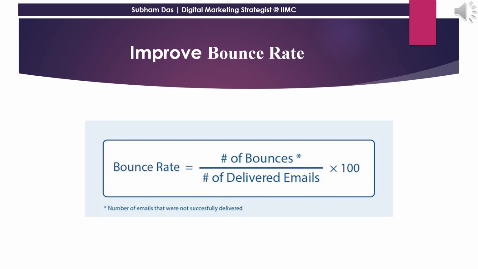That is, you remove all the email IDs your emails have bounced for. You remove the email IDs that are inactive, no longer valid, or incorrect in some way, to reduce your bounce rate so that your emails hit the right spot. That is how you can reduce your bounce rate. Over to next slide.